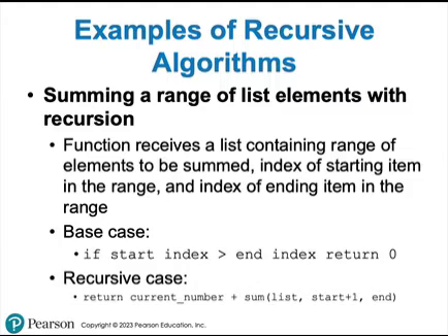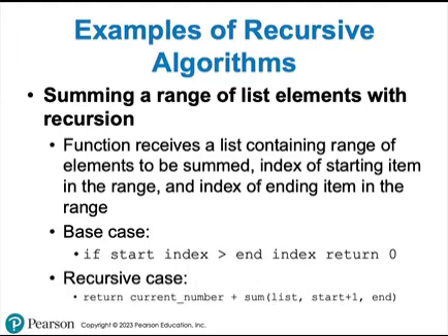So what they're doing is giving some examples of recursive algorithms. One of them is adding up a list of elements. Now here's one where, if you want to sum a range of elements, you would just go through and do a for loop for each element in the list, adding it to an accumulating sum.